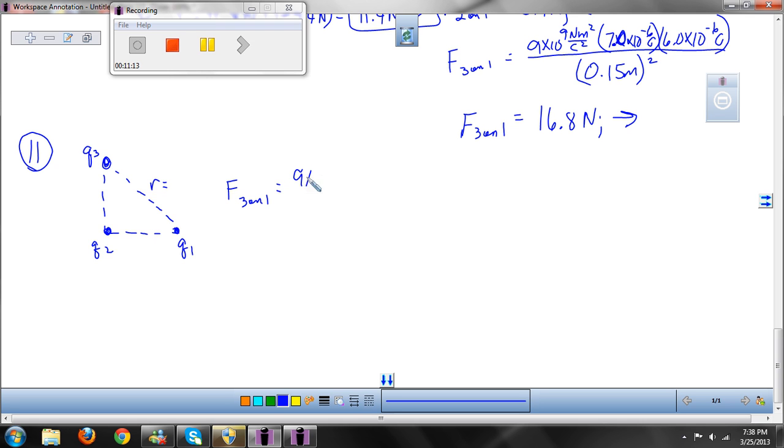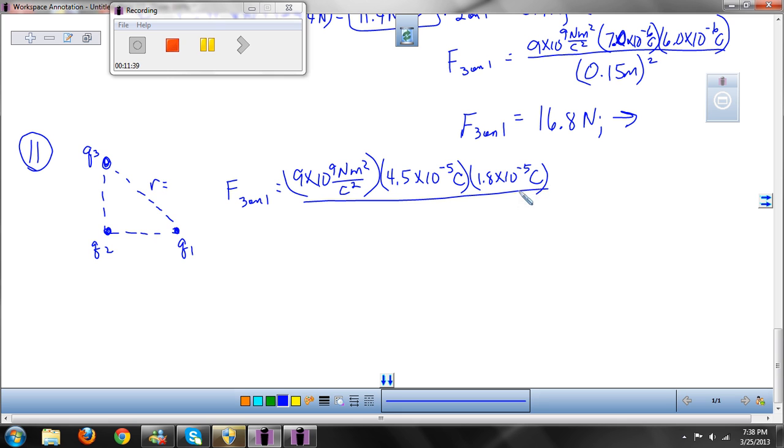So I need to find the force, so I have 3 on 1. That's a K. Sorry. Times Q1. Well, Q1 was 4.5 times 10 to the minus 5 coulomb. Q3 was 1.8 times 10 to the minus 5. They're both positive.